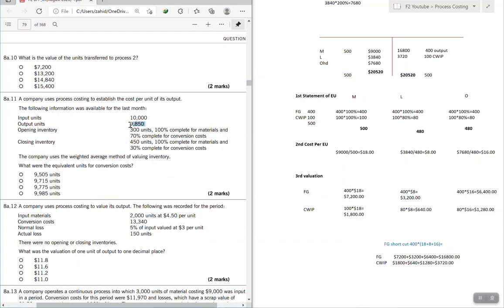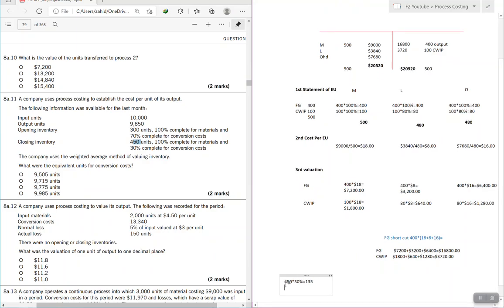Output is 9850, so that would be 100% complete. Closing work in progress is 450. So if I take 450 multiplied by conversion cost 30%, that becomes 135.